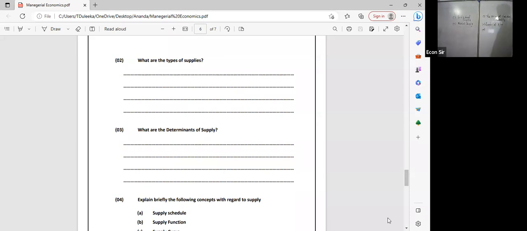Third one is the price of raw material being used. භාවිතා කරන අමුද්‍රව්‍යවල මිල.